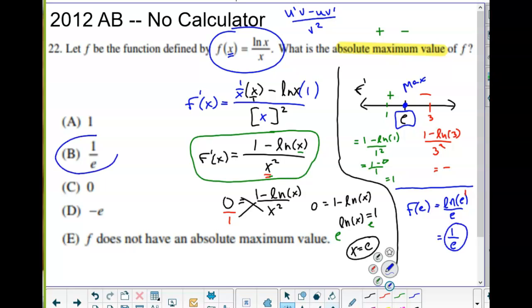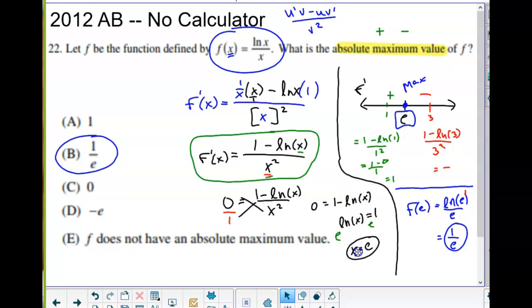So the answer, well, all of this led us to proving that e was where the maximum occurs, but it didn't tell us what the maximum was.